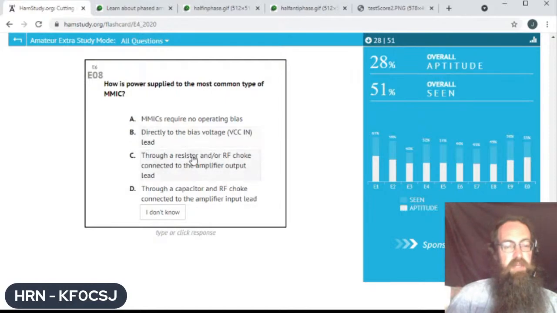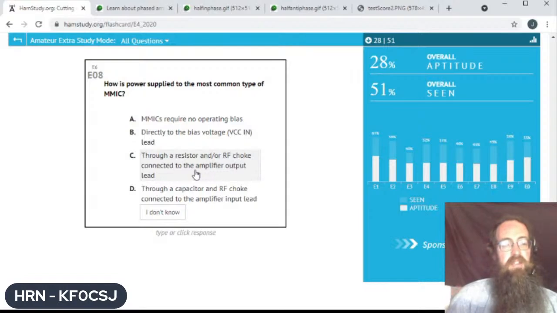So I know B's wrong because I did that last time. A's not right. So it's either C or D. C, through a resistor and or RF choke connected to the amplifier output lead.